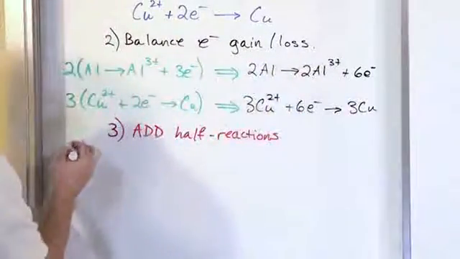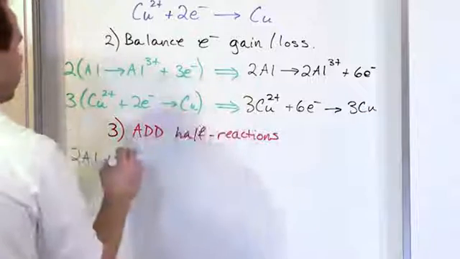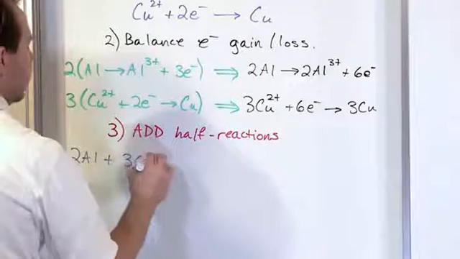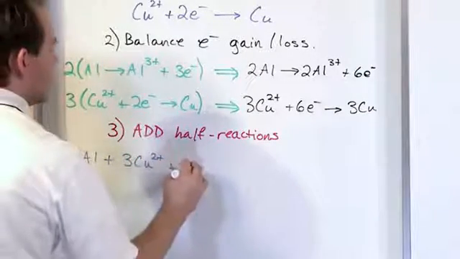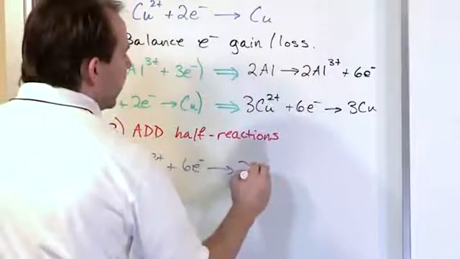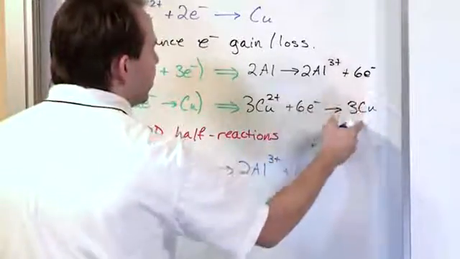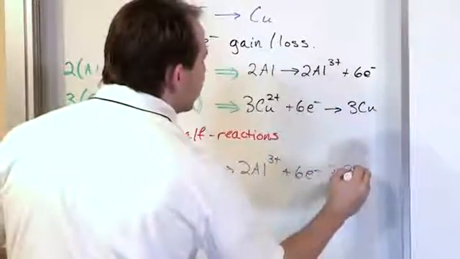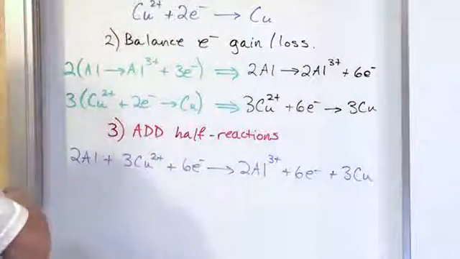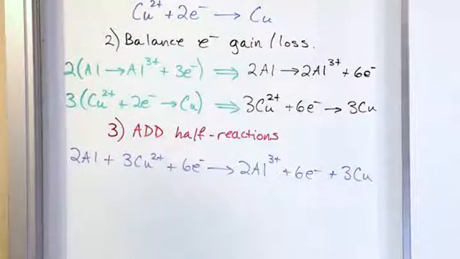And so on the left we have 2 aluminums plus 3 copper ions plus 6 electrons. That's everything on the left. On the right we have 2 aluminum ions, 6 electrons from here, and then we have 3 coppers, which are copper atoms.